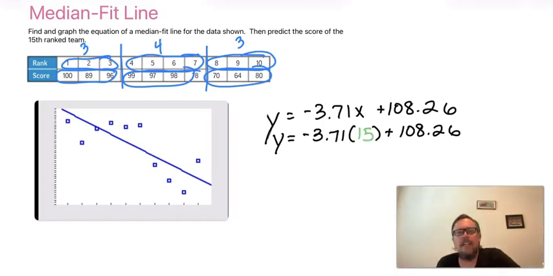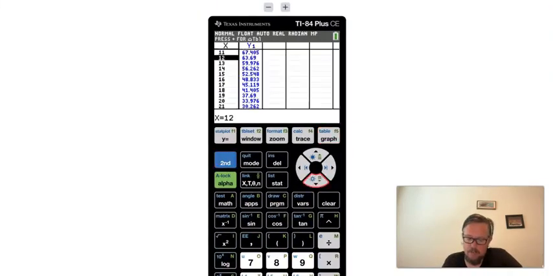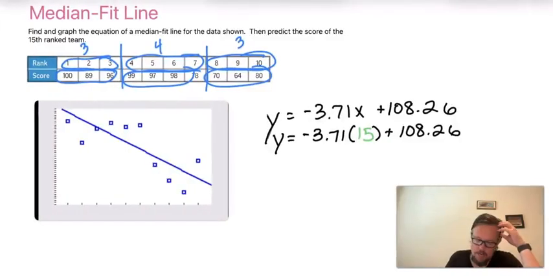So back to the calculator to get our solution. I did store this in y1, so we can just do second graph and scroll down to 15, which is 52.548. That's the value when x is 15. So y equals 52.548.